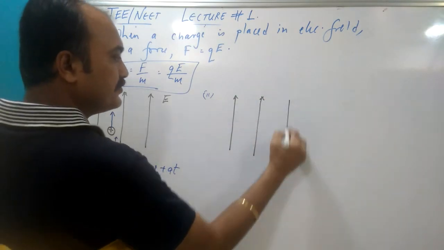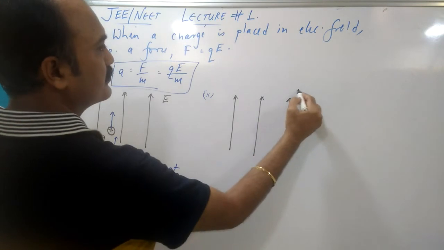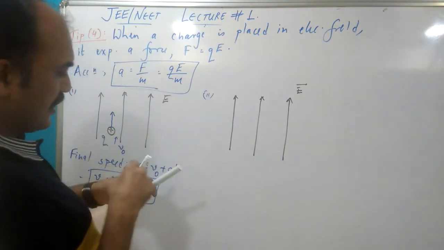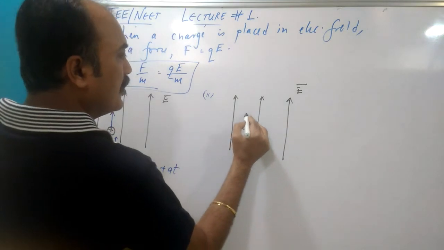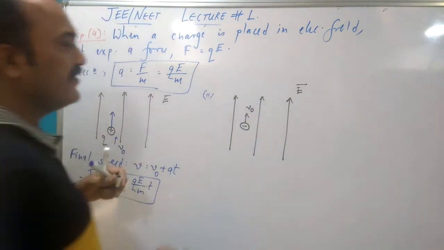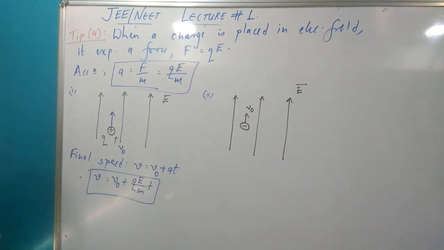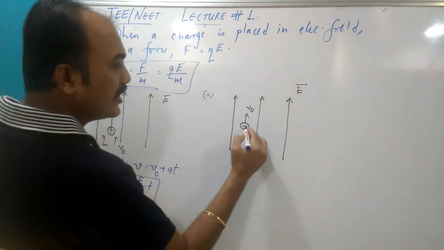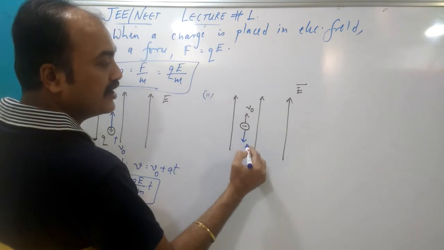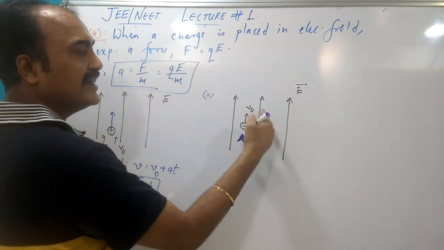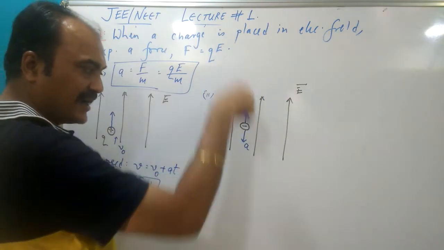Second case, I already have, let us say, a negative charge. And this negative charge was moving in this direction with the speed V0. And suddenly it was acted on by the electric field. Which direction will it experience the force? Opposite direction. So, velocity is in this direction, acceleration is here.